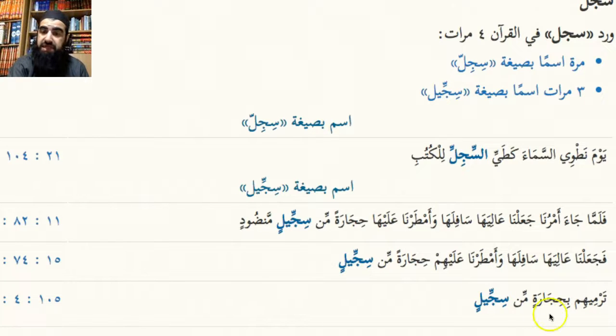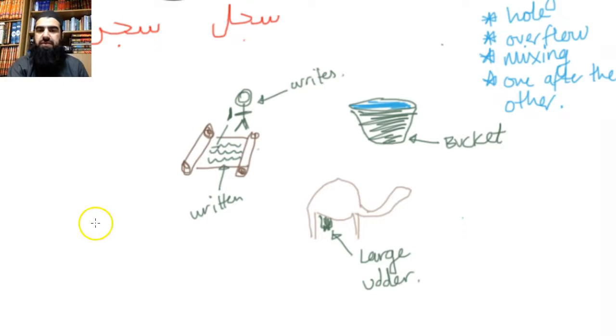And then "tarmeehim bihijaaratin min Sijill," in Surah Al-Fil, that the groups of birds came and had stones in their beaks and claws, and they threw these min Sijill. It could mean in a pouring fashion, or, like we said earlier, something that was written down for them. Okay, so these are the meanings of words that come from sajala.